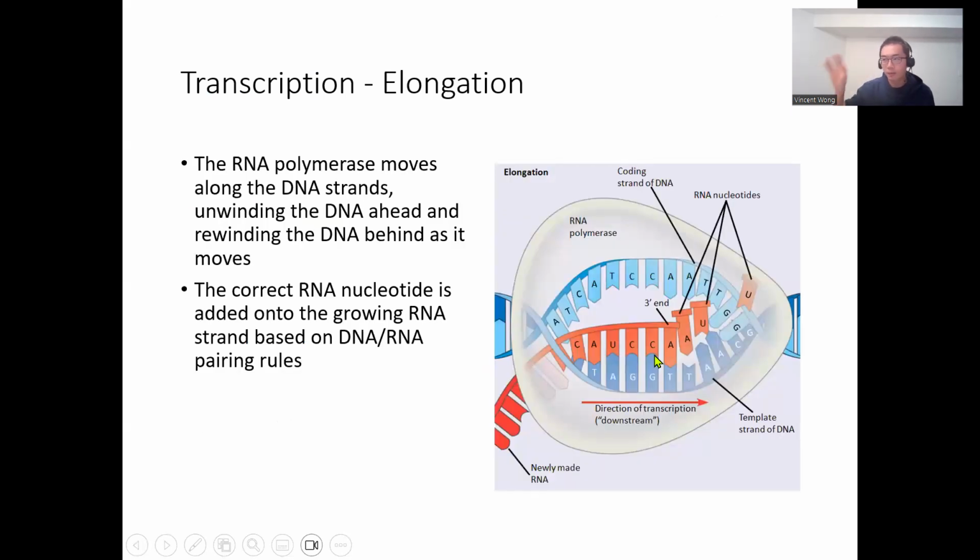Now, this is the part where you have to pay extra attention to try to understand. There are 2 strands in the DNA, right? 2 strands in the DNA. Which strand are we going to be copying? Which strand do we want the messenger RNA to be identical to? Well, it turns out one of the strands is called the coding strand.